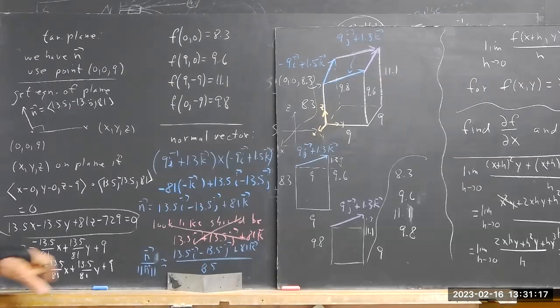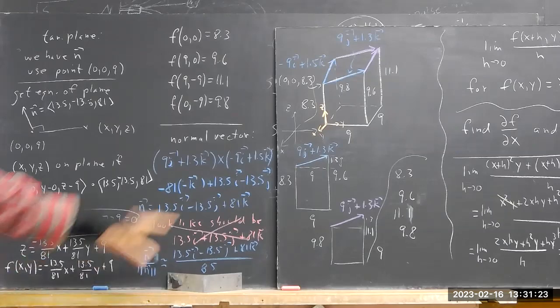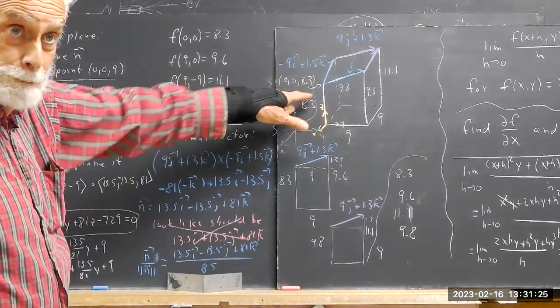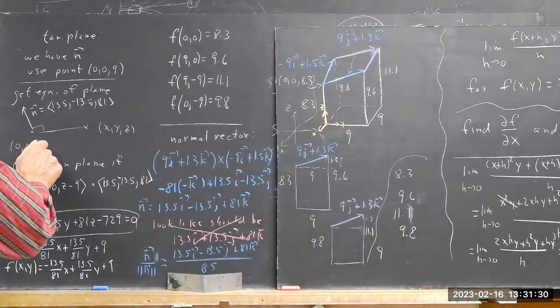And I think the problem is this 9. That should be 8.3. And it is 008.3. I carelessly put 009.